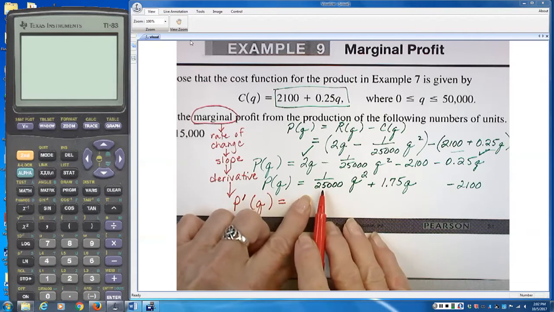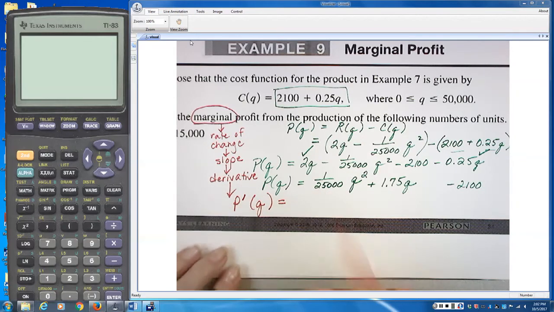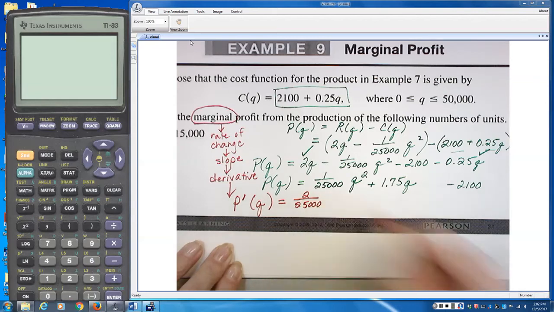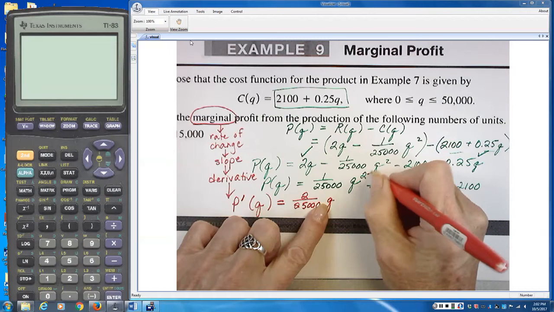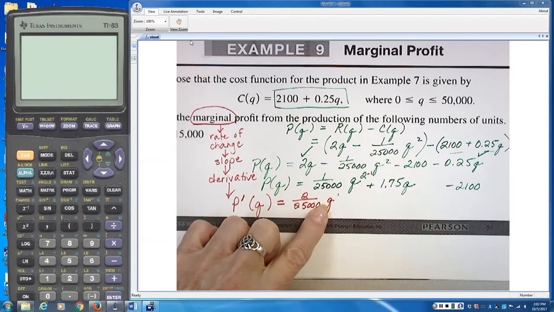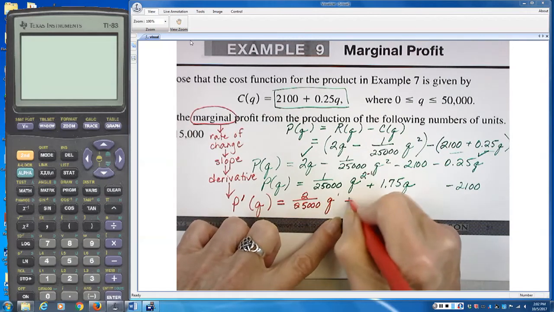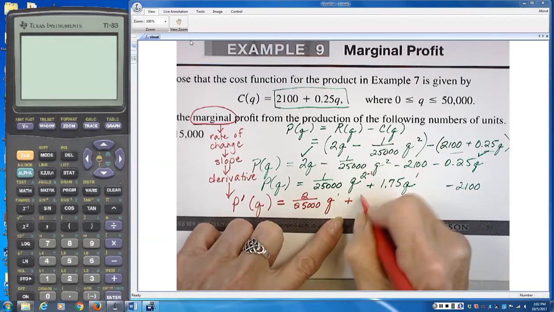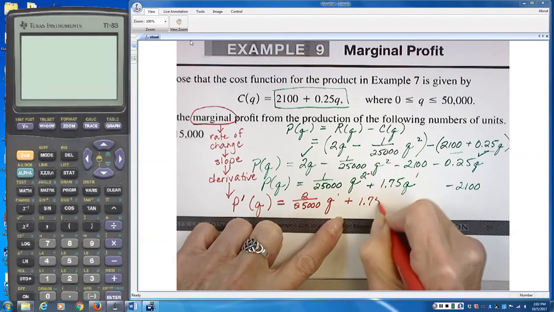So 2 times 1 over 25,000 is going to be 2 over 25,000 Q, and then 2 minus 1 is going to be just 1. Plus, this is Q to the first, 1 times 1.75 is 1.75.